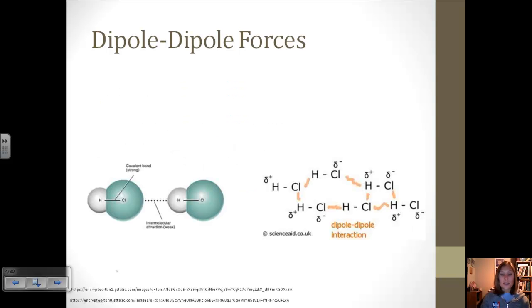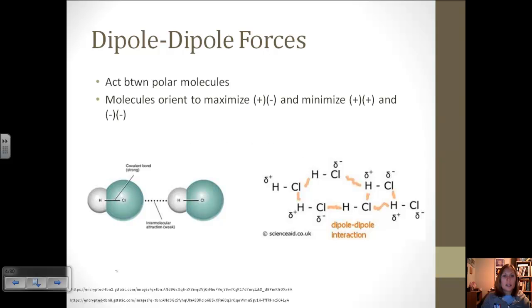So let's look at some different types. The first type is a dipole-dipole force. Okay, this acts between polar molecules. The reason it's called a dipole-dipole is because in order to have a polar molecule, you have to have a dipole in that bond. And so that's why we're calling it dipole-dipole, because it's between two polar molecules.